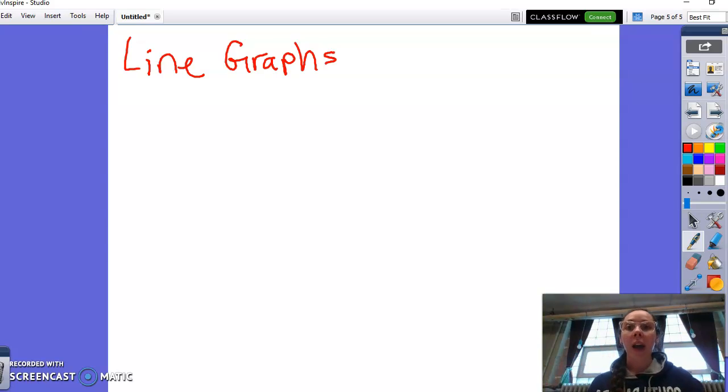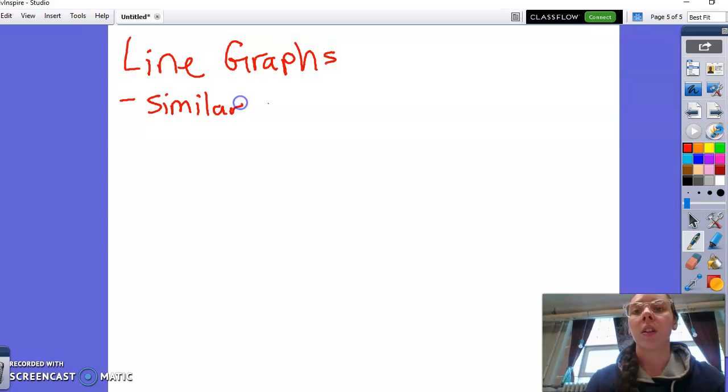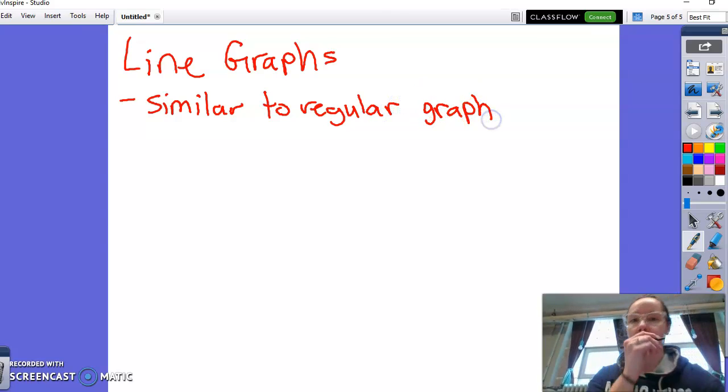A line graph is similar to a regular graph, like the ones that we did in 9.2 and 9.3, where we did plotting points and using ordered pairs and stuff.